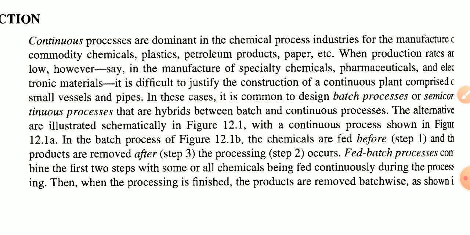When the production rates are low, however, say in the manufacturing of specialty chemicals, pharmaceuticals and electronic materials, it is difficult to justify the construction of a continuous plant comprised of small vessels and pipes. In this case, it is common to design batch processes or semicontinuous processes that are hybrids between batch and continuous processes.